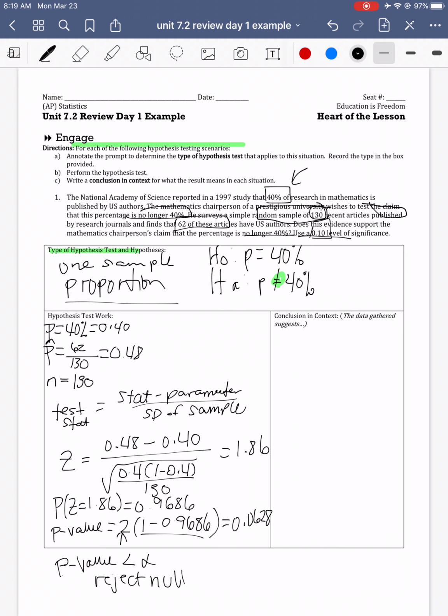Now let's go back and write this in the context of the problem.